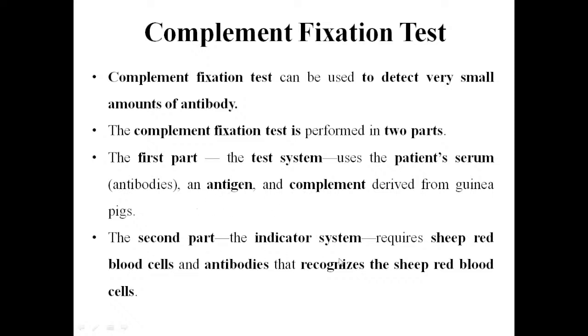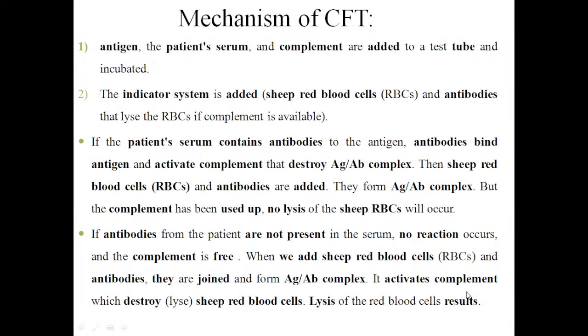In the second part also there are antibodies and antigens. These are red blood cells. Firstly, I want to explain it in text, and then I will show you the diagram, the scheme of this method, because some students understand just from the text, some students understand just from the scheme, from the picture.